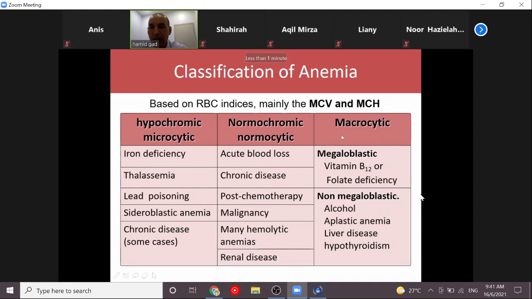As we said, we have 3 main types of anemia based on MCV: microcytic, normocytic, and macrocytic. Now we go to another parameter, MCH, which is known as mean corpuscular hemoglobin. What is MCH? Hemoglobin.